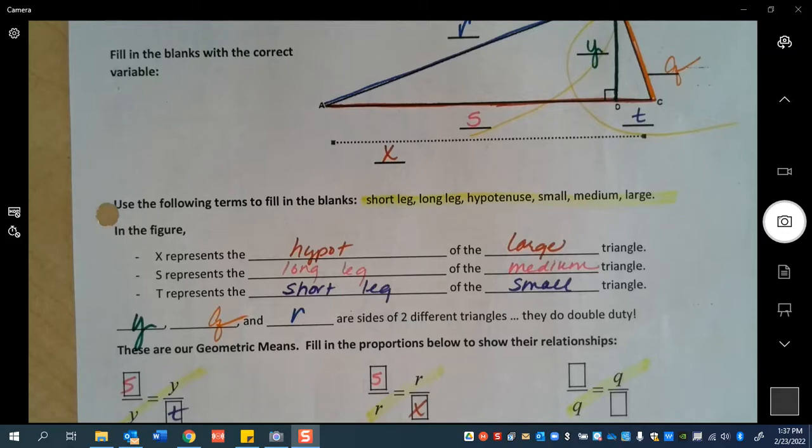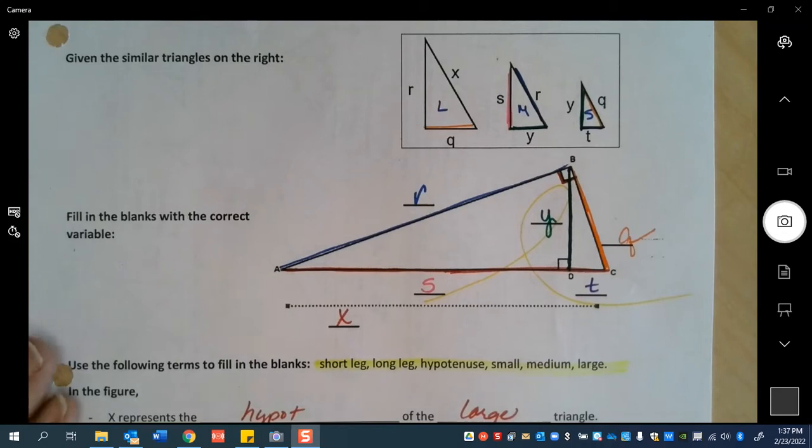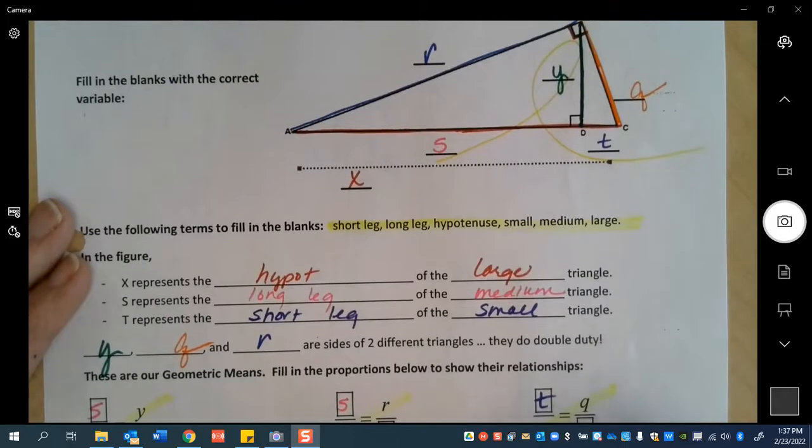R is the geometric mean between the piece that it's touching and this whole length. Same goes for Q. Q is the geometric mean between the piece that it's touching and this whole length here, X.